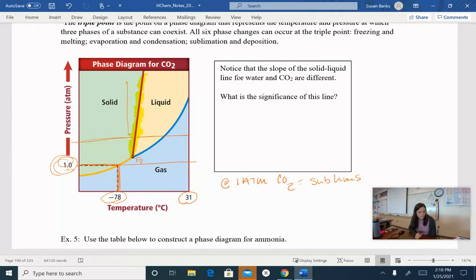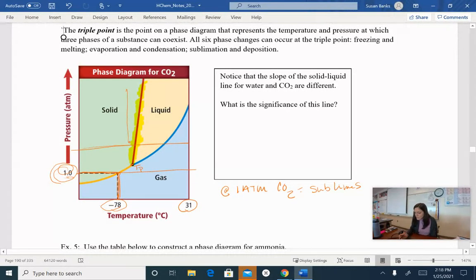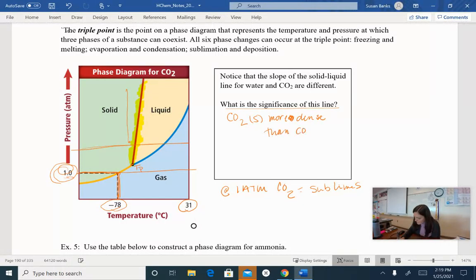Let's see. So we talked about what the significance of that line is. The significance of that solid-liquid line for water and CO2 being different, it means that carbon dioxide solid is more dense than carbon dioxide liquid.